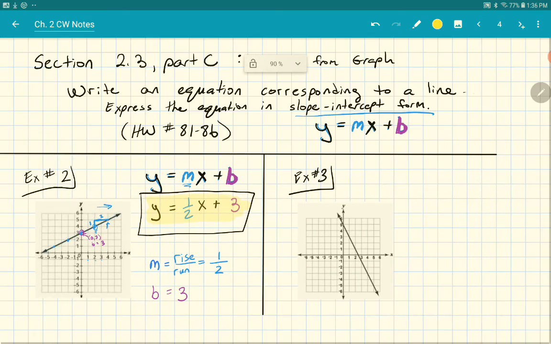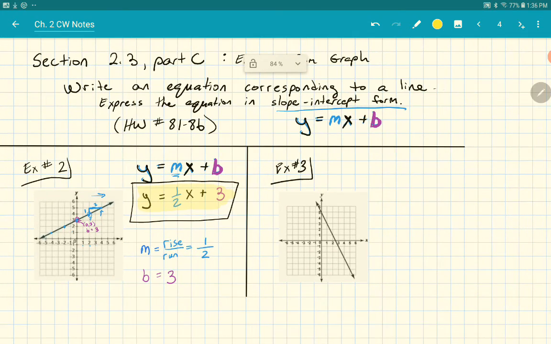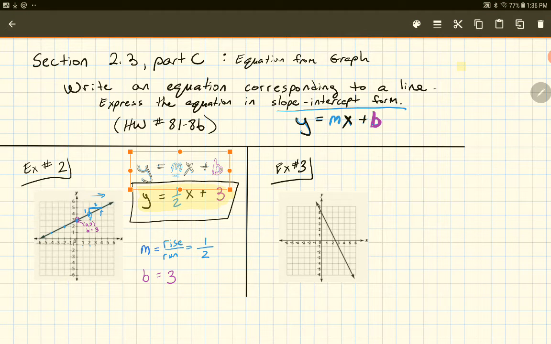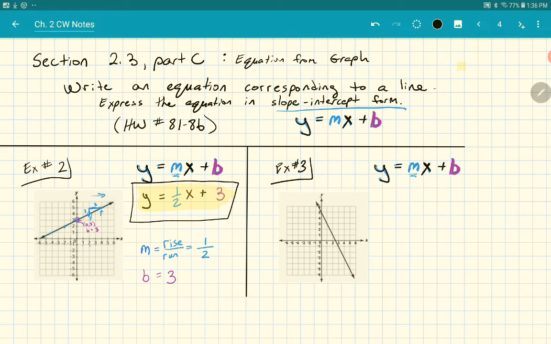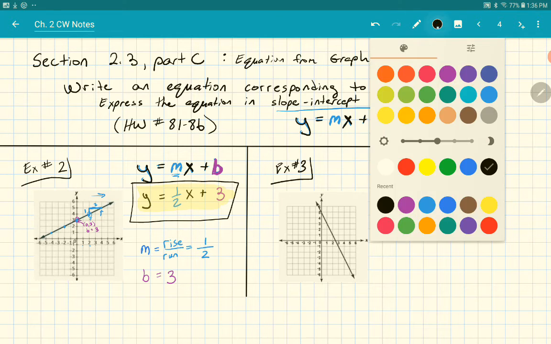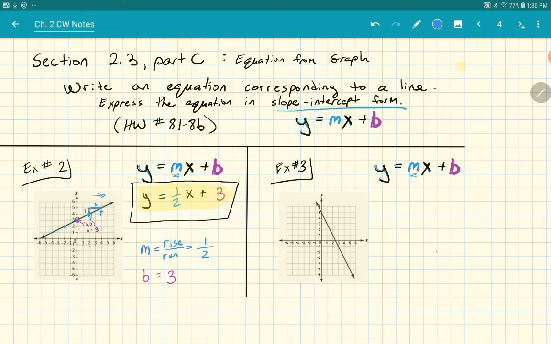I want to do a second example too, with a negative slope. So let's look at example 3 now. I'm going to start with that same generic equation, and we just have to find that m and the b. To find m, that's rise over run.